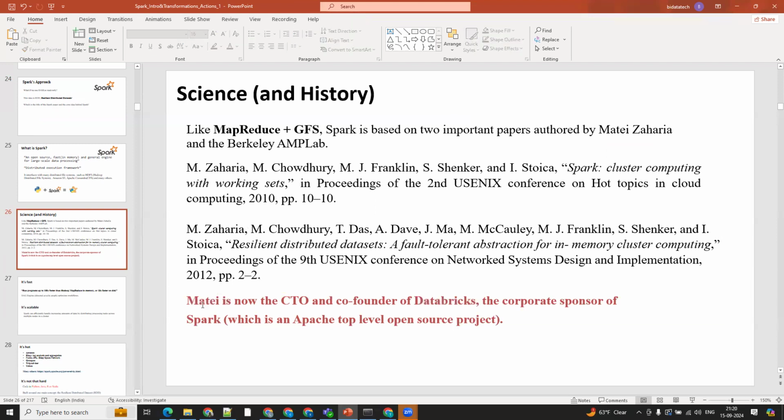He handed over that Spark project to the Apache Foundation, and he came out of that Yahoo company and started a new company called Databricks. He is still on LinkedIn. If you want, you can go and check him. He posts some important updates on Databricks.